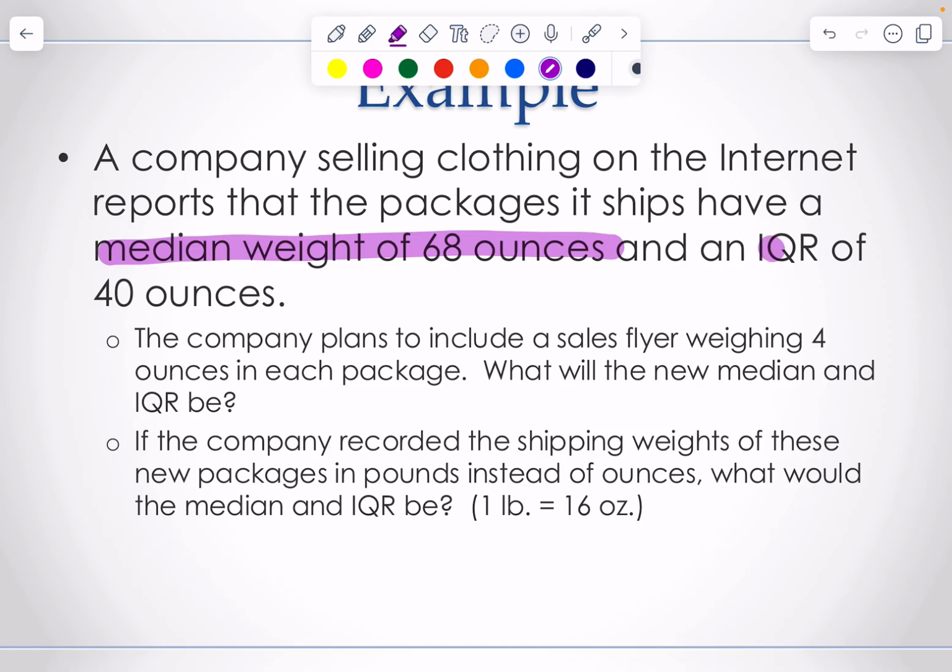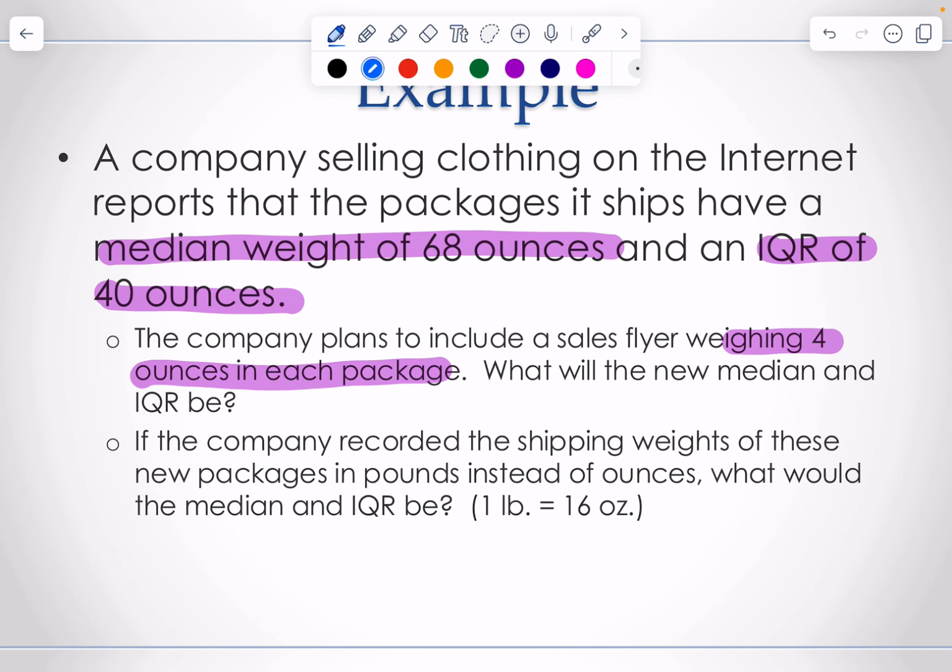So as we're looking at that, what's happening is if they take those packages and instead of just shipping the clothing, they're going to put a flyer in with it. So a sales flyer or whatever the case may be. And so the flyer weighs 4 ounces, and they're going to do that in each package. So they're adding 4 ounces to all of their original packages.